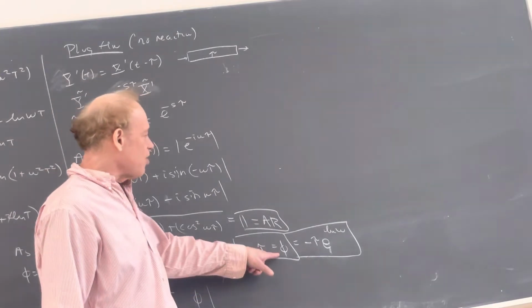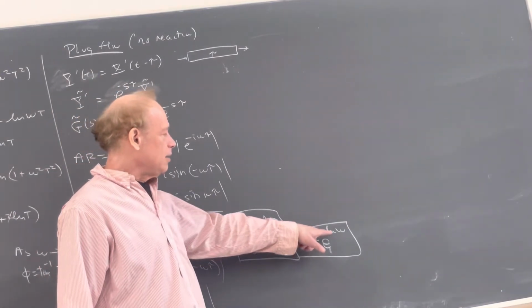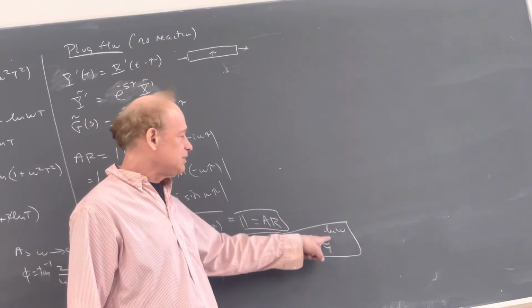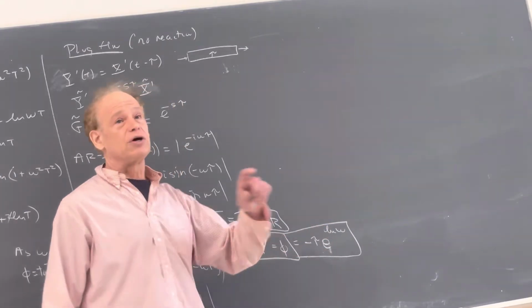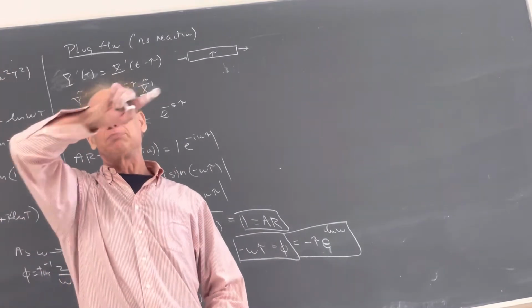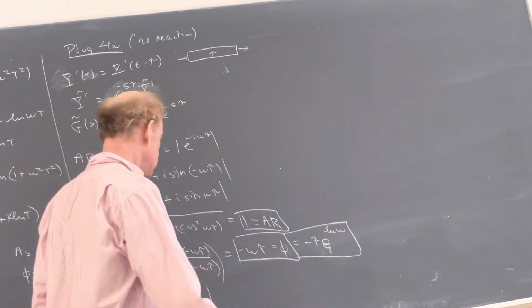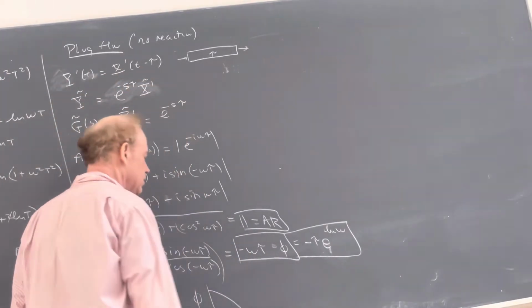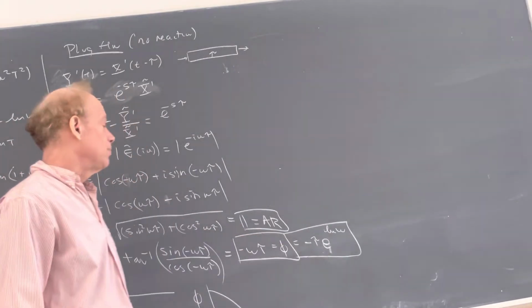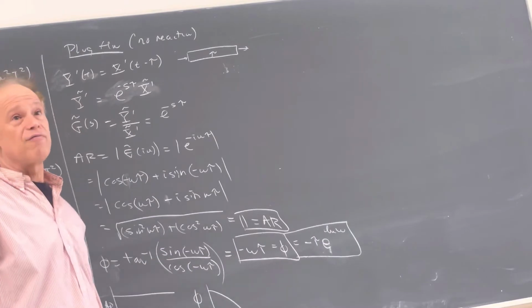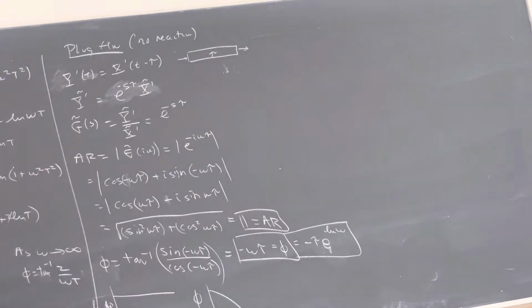So phi looks like an exponential function, because this is my abscissa, but with a negative sign. So instead of looking like this, it's upside down, and it looks like this. So it looks like an upside down exponential multiplied by tau. So there I have that. Are there any questions on that?